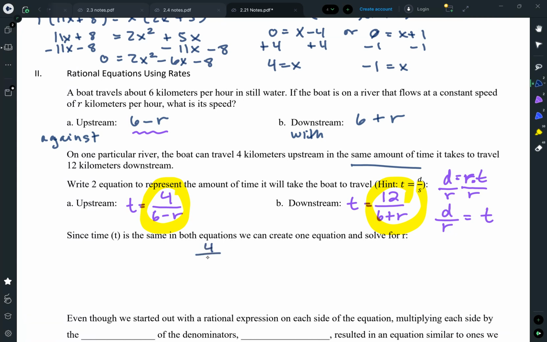So 4 over 6 minus r equals 12 over 6 plus r. And then we can think about multiplying by both denominators to cancel out denominators, or just doing cross products. But we're going to end up with 4 times the quantity 6 plus r equals 12 times the quantity 6 minus r. So go ahead and distribute.